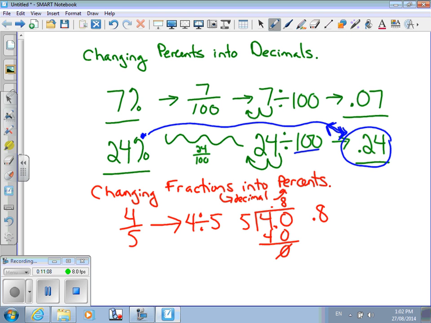It makes sense that we're going to have to multiply by 100. So we'll take our 0.8, which is now in decimal form, and multiply by 100%. Again, this is a shortcut multiplication, just like it was a shortcut division. So we'll need to move this over 2 spots, and we would end up with the answer 80%.